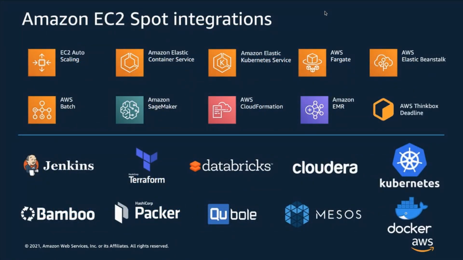All right, so Amazon EC2 Spot integrations. Spot is a very popular purchasing option, and it's been integrated into many different platforms, both AWS services as well as third-party partner services.